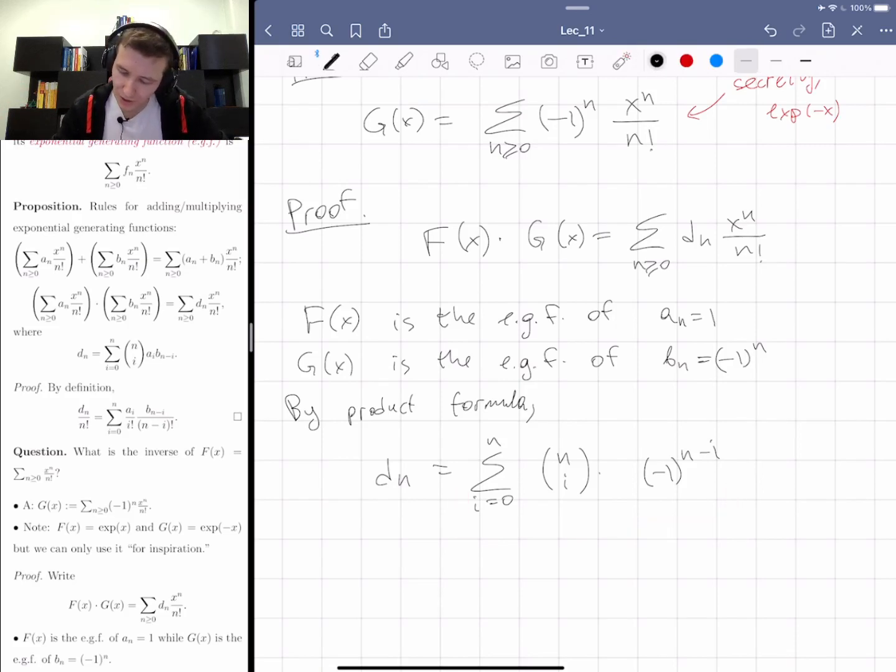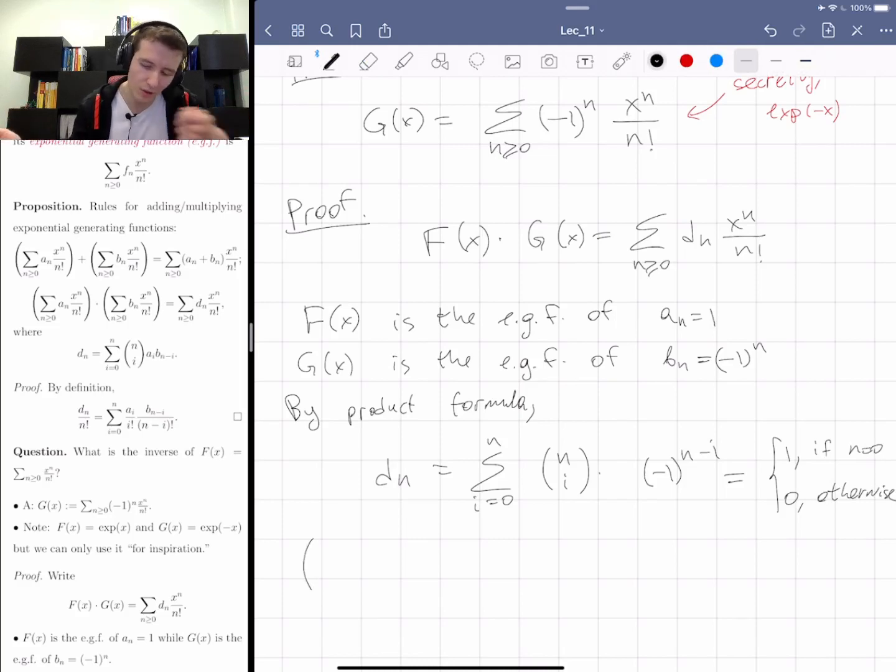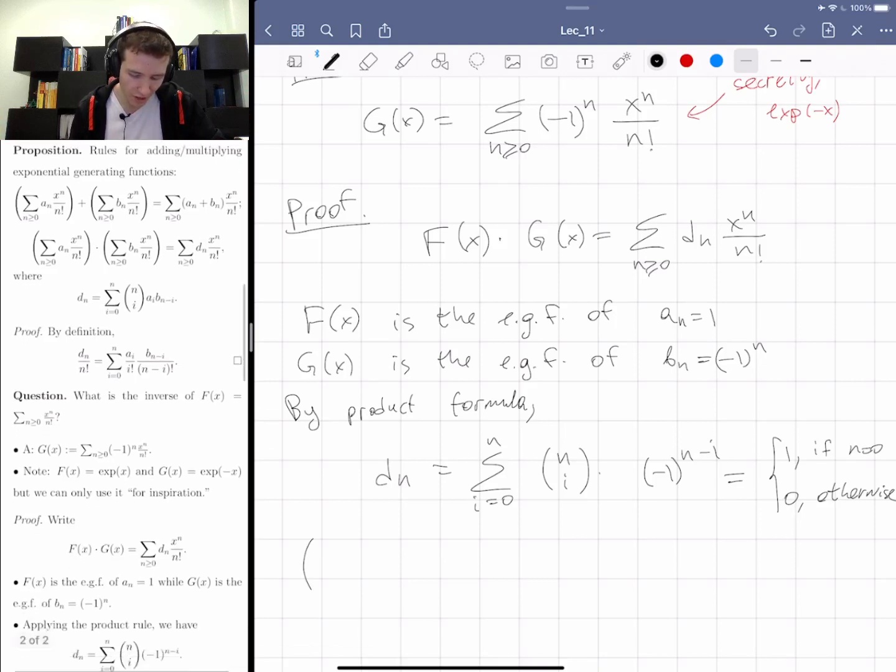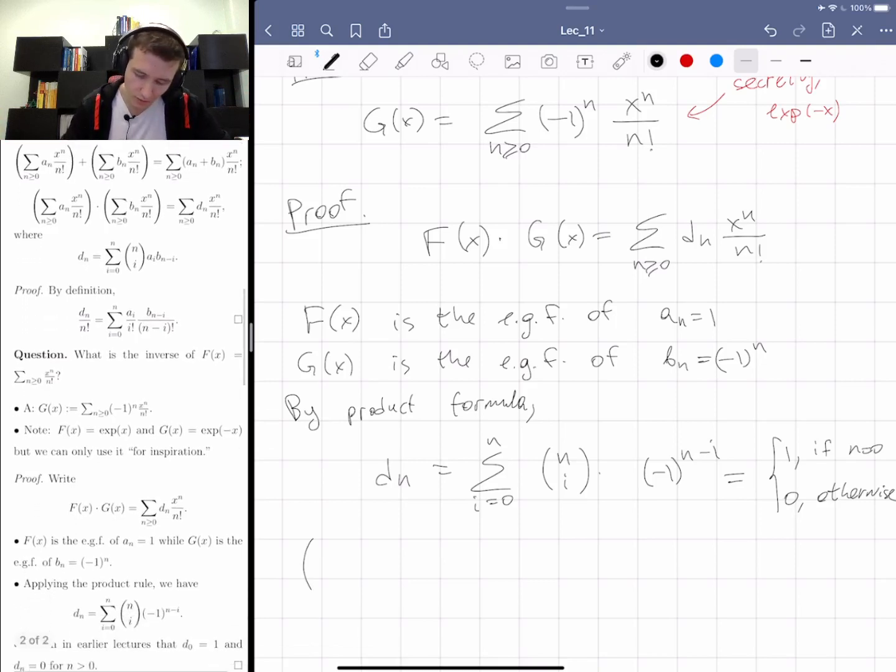This is equal to 1 if n is equal to 0 and to 0 otherwise. Because of the binomial theorem, or you had a homework problem where you had to prove it bijectively. So just from previous lectures.